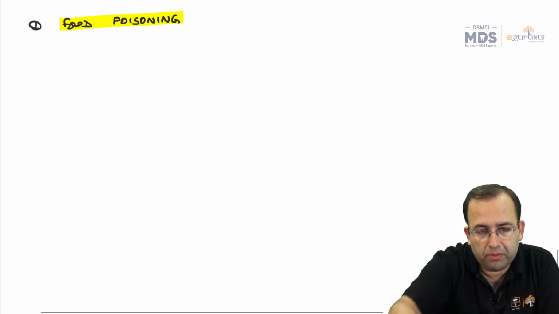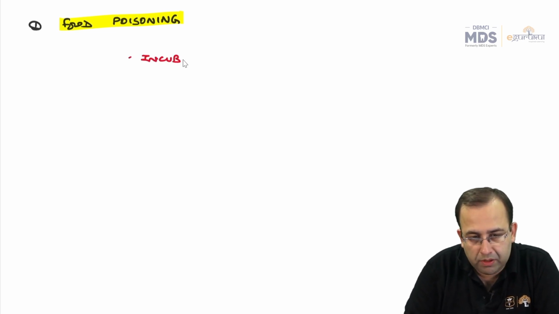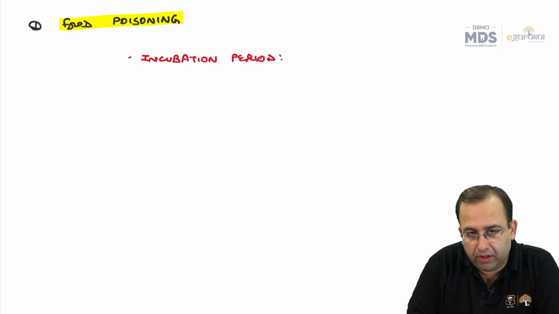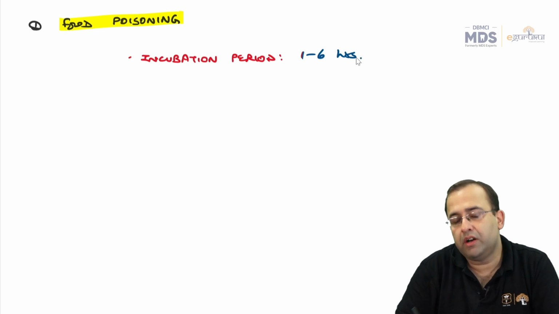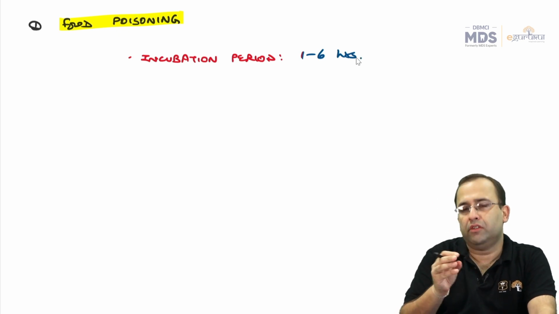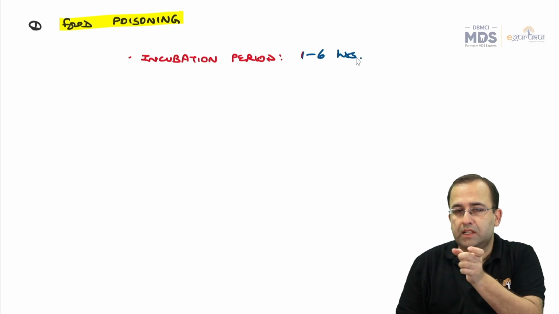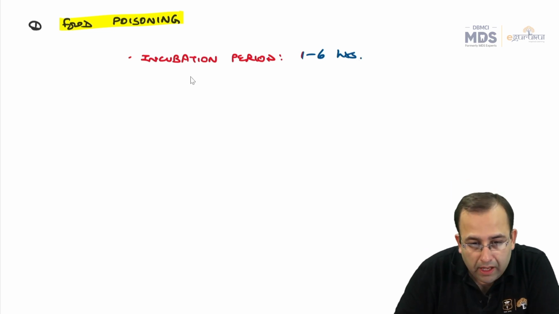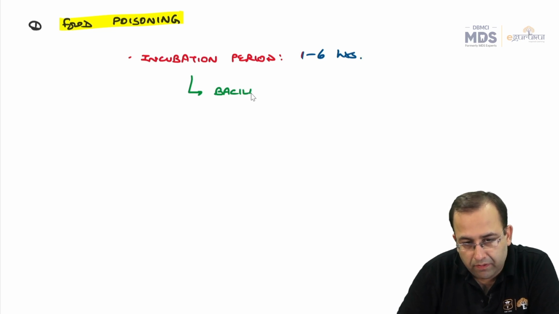Now, the incubation period being 1 to 6 hours. That means food poisoning occurs 1 to 6 hours after the intake of contaminated food. This 1 to 6 hour incubation period is the same as Bacillus cereus emetic strains also.